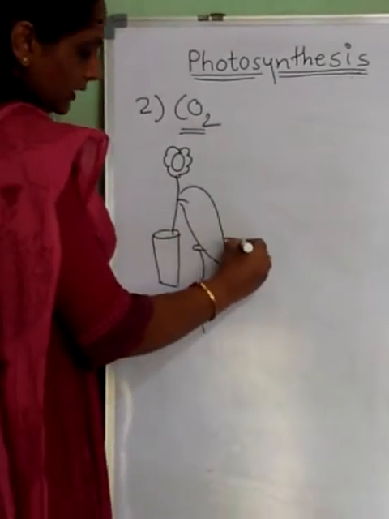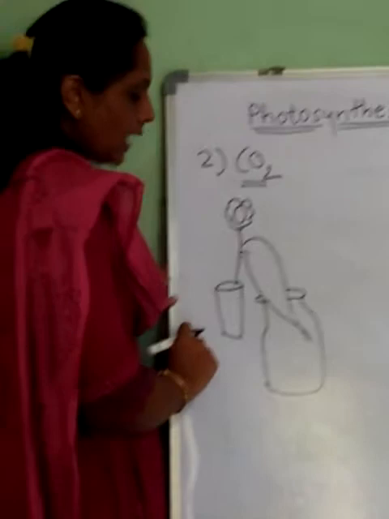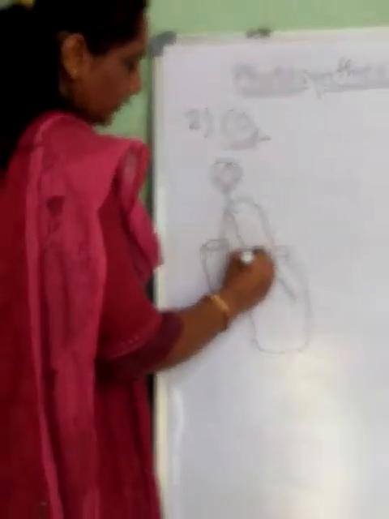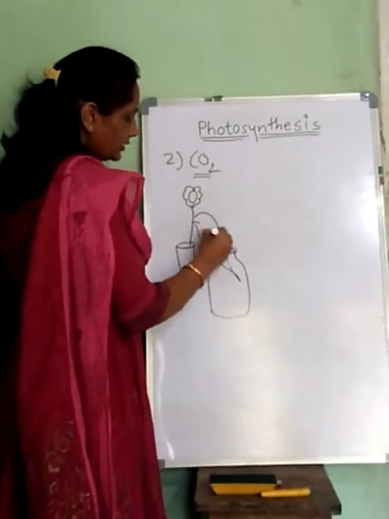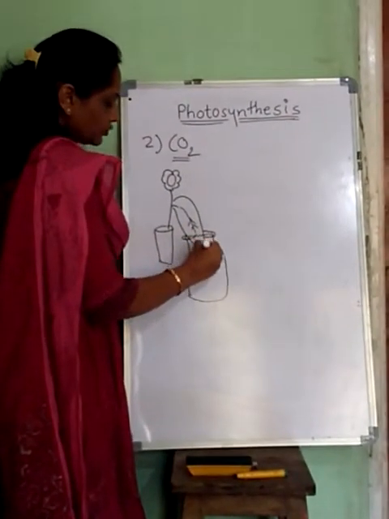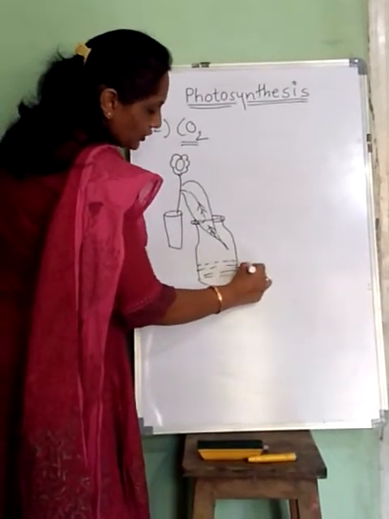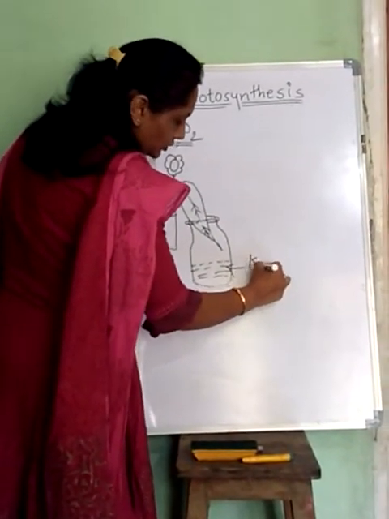If you see, this is the wide mouthed bottle in which we have dipped half the portion of the leaf. This bottle already contains a solution called KOH solution, potassium hydroxide solution.